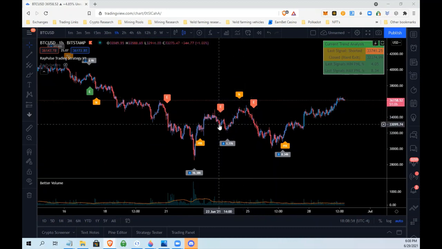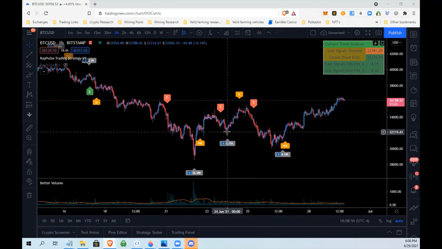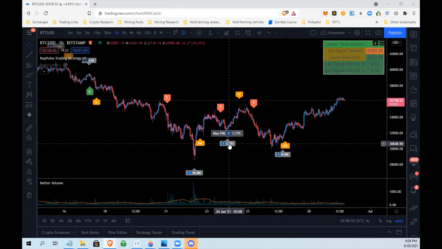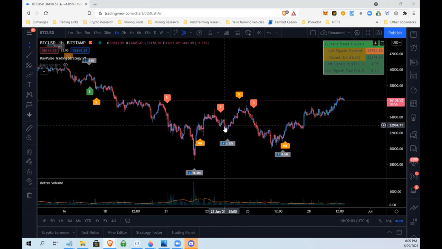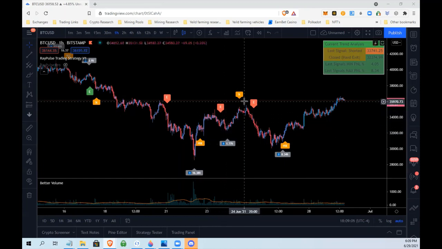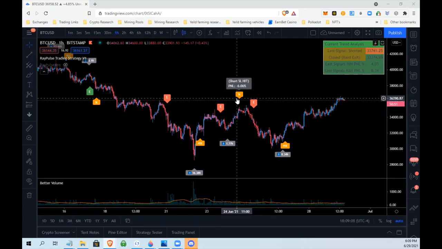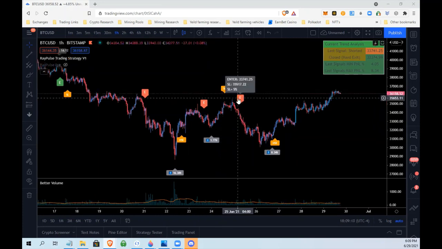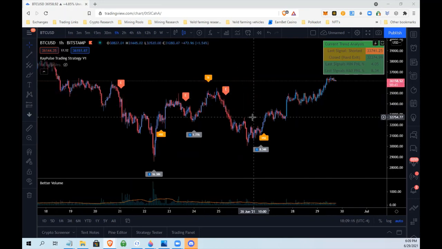So had you taken profit early enough, you would have made a 1.77% profit, or at least up to 1.77% profit. However, by not taking profit, this signal actually went to stop loss. So again, it is important to take profit early and to take profit often. Anytime you're trading, that would be my suggestion.